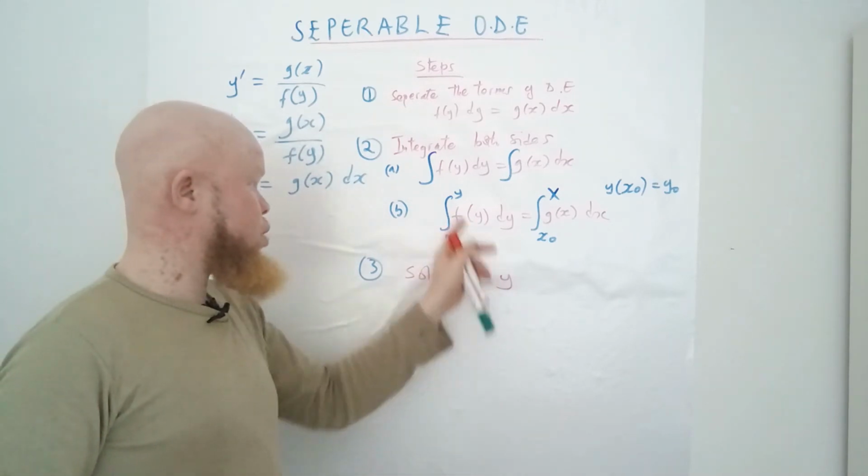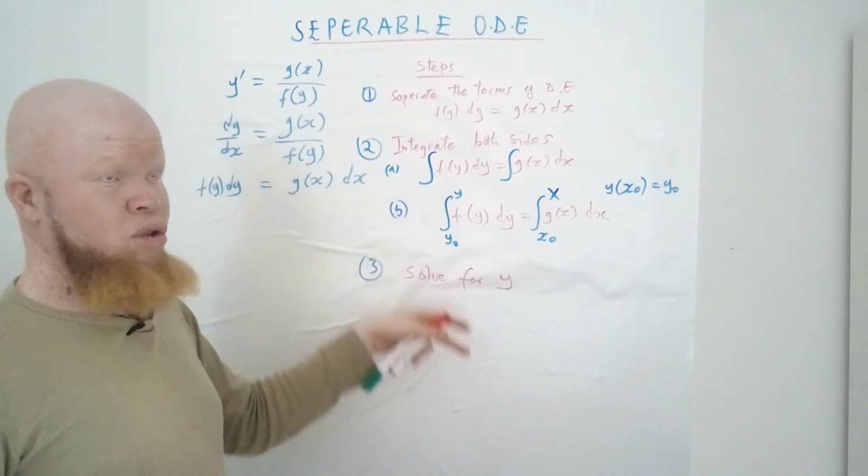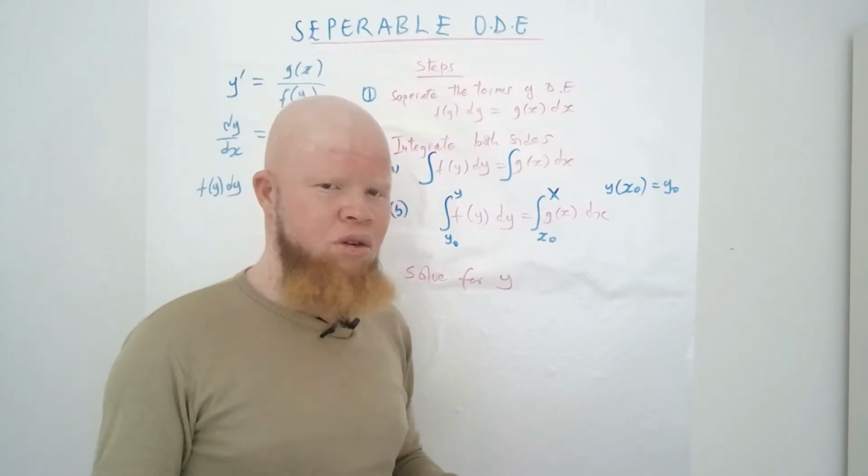We shall look at examples. I have one example for the general solution, and another example for the initial condition. And I have to apologize, guys, that I didn't talk about initial value problems in the introduction.